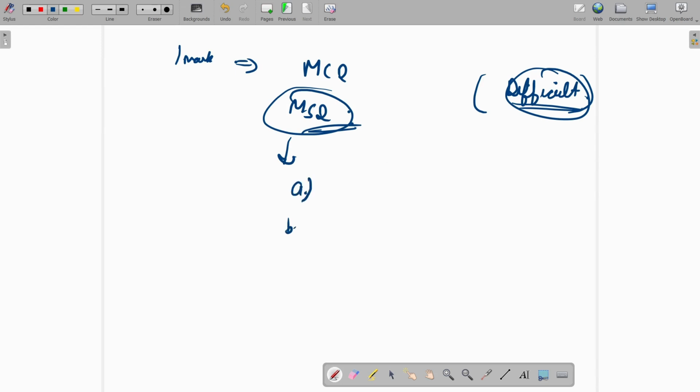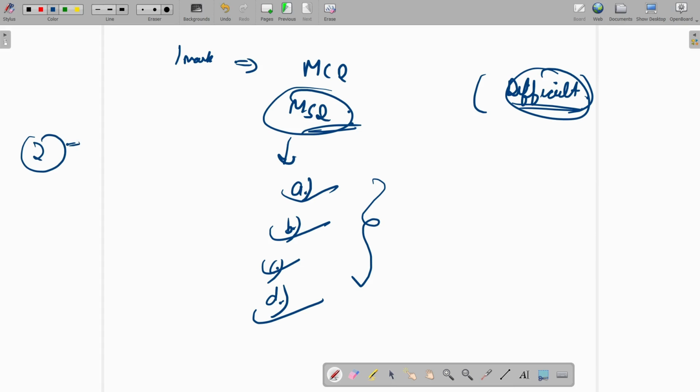Options A, B, C, D are given, in which one option can be true, two, three, four, or all can be true at the same time. This is like MCQ, but there is no negative marking. In 2 mark questions, there are MCQ, MSQ, and NAT type. NAT type means you need to fill in the digits or answers. So you need to understand this mainly.